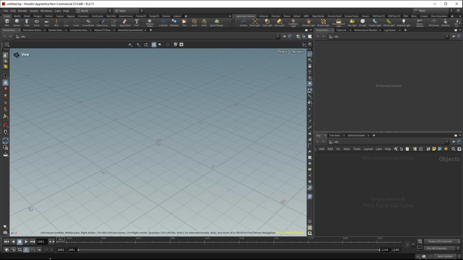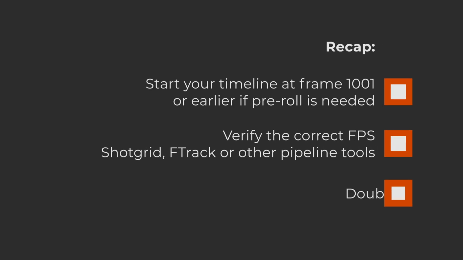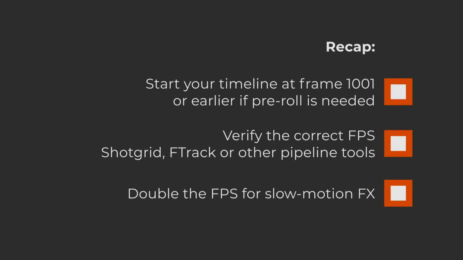So, essentially, a little recap. If you work in production, the timeline starts from frame 1001. In a specific production, you should ask, and maybe you can find it in some systems like ShotGrid or FTrack, the information of the recorder.